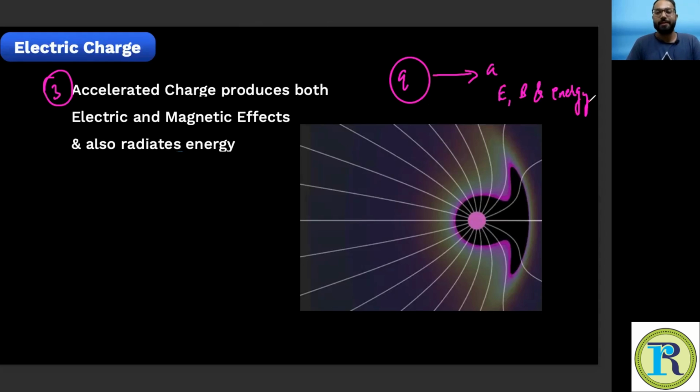It's the third property of electric charge. Keep noting down all the points. These are the first three properties of electric charge, very basic properties. Apart from those, like charges repel each other and unlike charges attract each other.